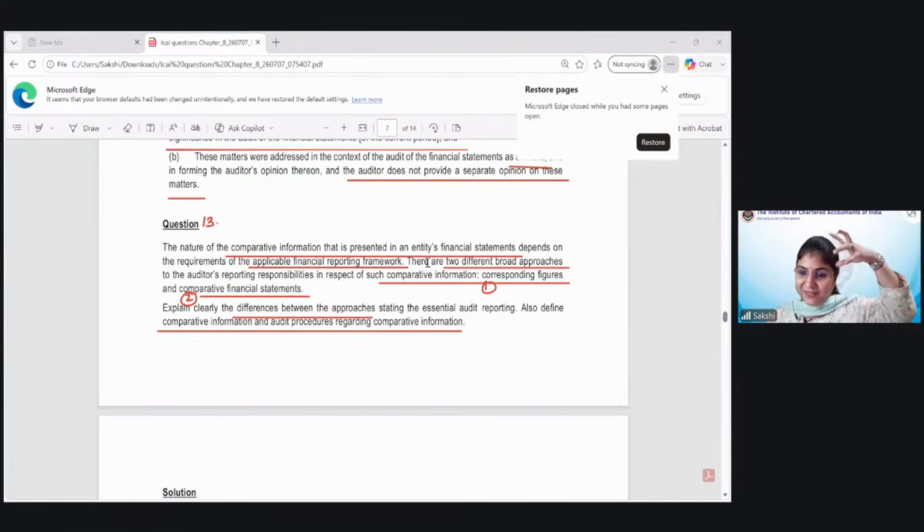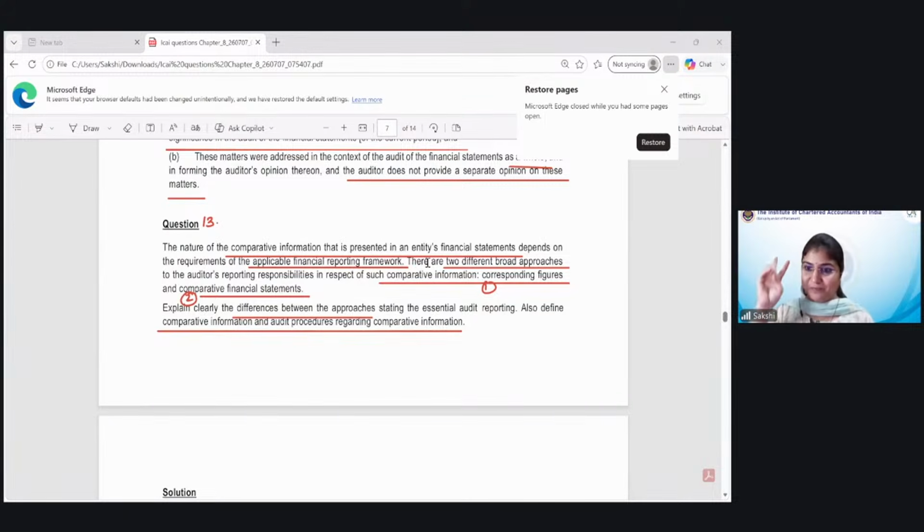So, do you get the roadmap? When you read the question, you have to prepare the roadmap. First, the difference: one deals with the current period, corresponding, opinion on the current period; comparative, opinion on each period. Settled. This is what you have to elaborate in your answer. Second point of the question, definition: when the amount and disclosure are in respect of one or more prior periods.